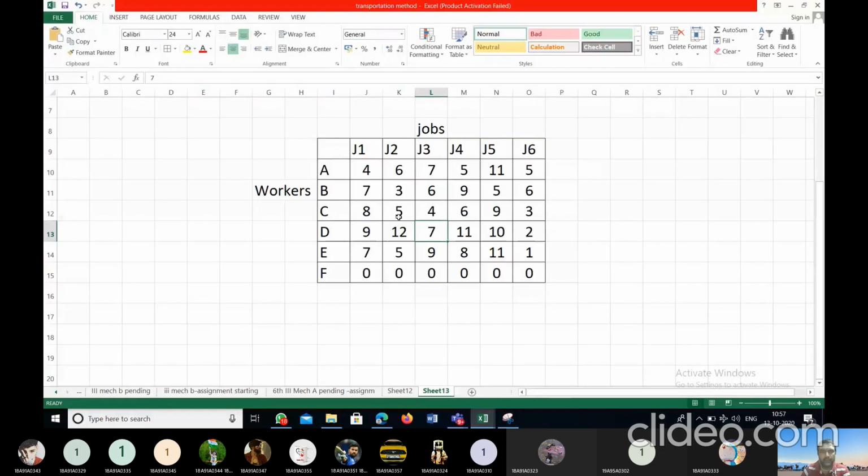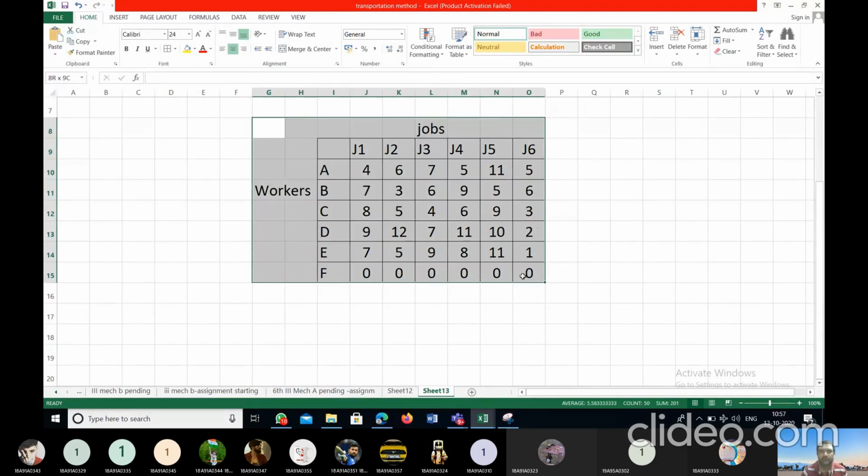Now we'll see. See, the number of jobs you are having here is 6, and the number of workers will become 6. Okay. Now, how to assign the jobs? Already we know the procedure. So we will continue. But the column assignments automatically they will become copy paste of the row operations only, right?